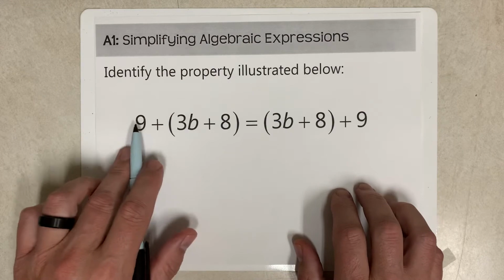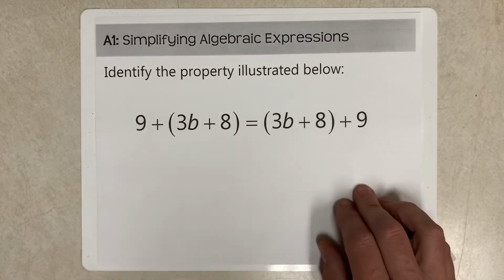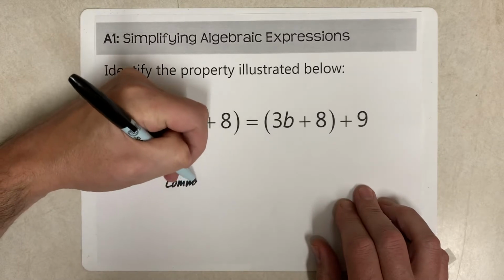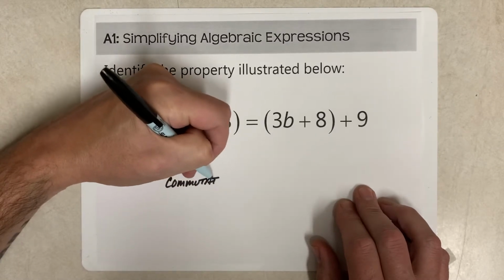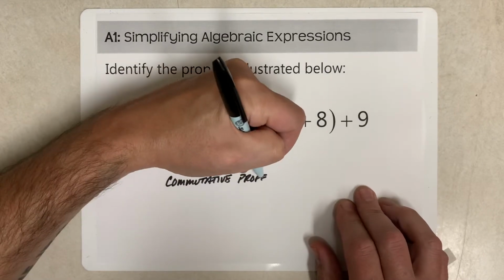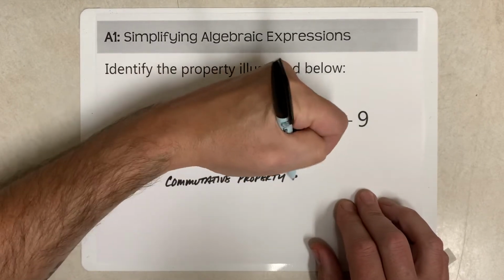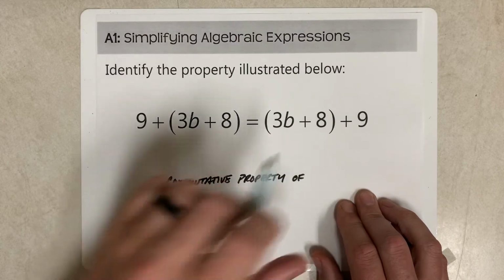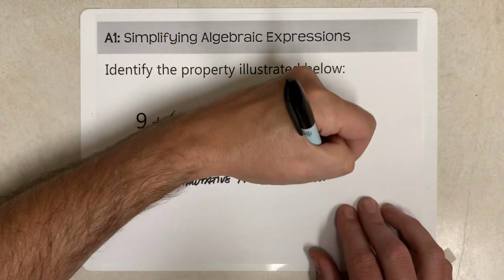Here it's at the front and here it's at the back. And so that would actually be the commutative property of addition, since we have addition going on here and here.